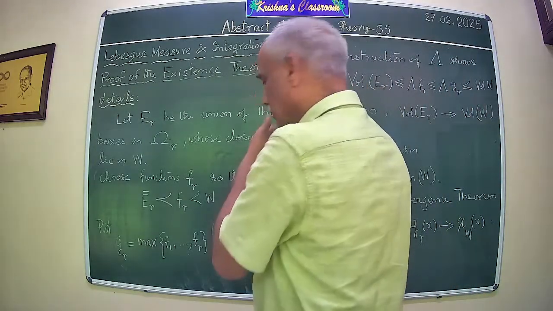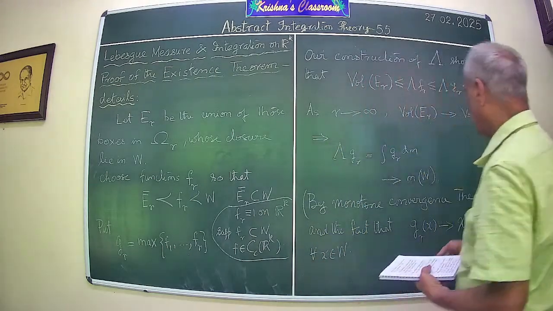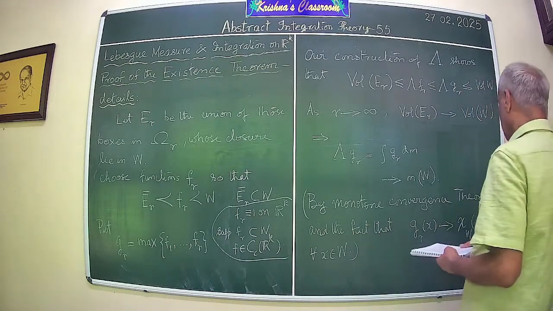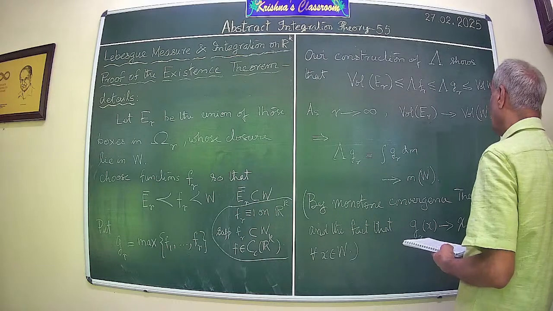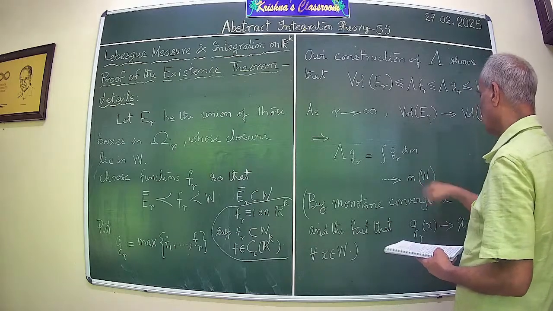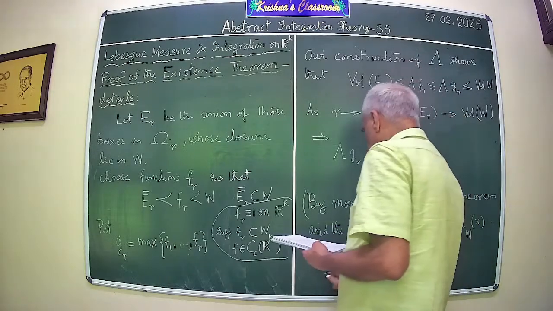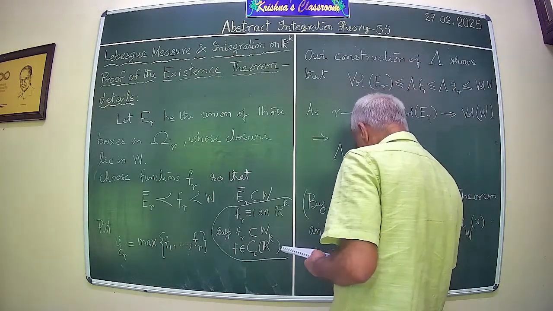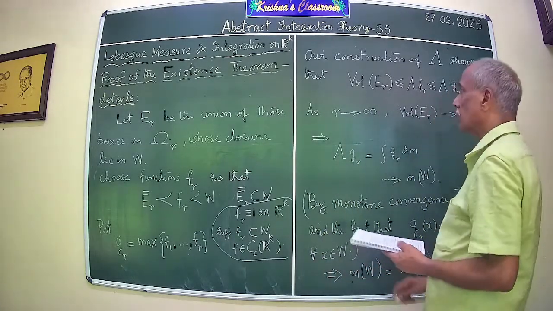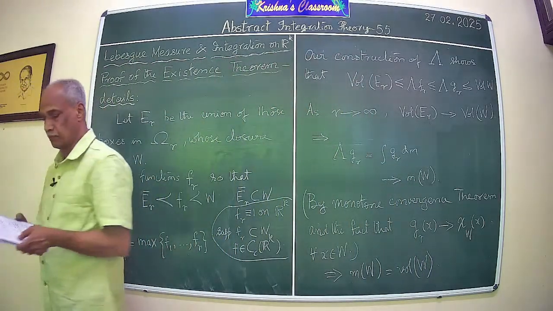Okay. So that means this function actually goes to the characteristic function of W, and therefore the integral becomes equal to the volume of ER is equal to volume of W, and volume of ER converges to, say, actually measure of W. Therefore, you see, measure of W is equal to the volume of W, so that is the first statement that we have proved, namely A.